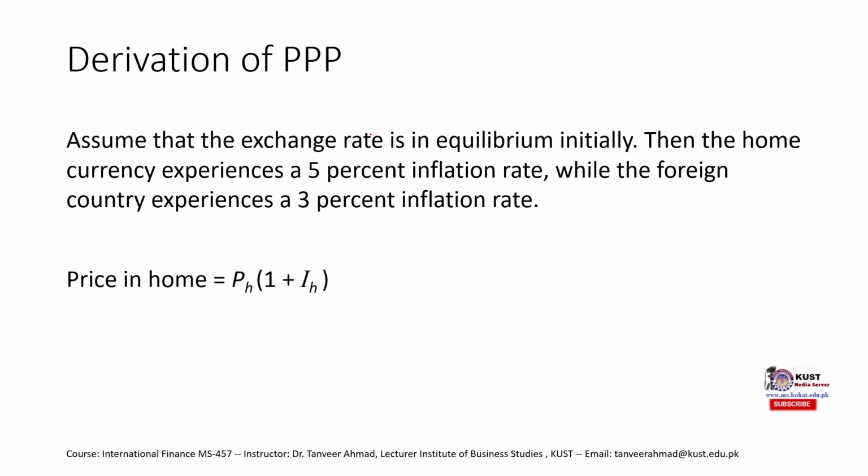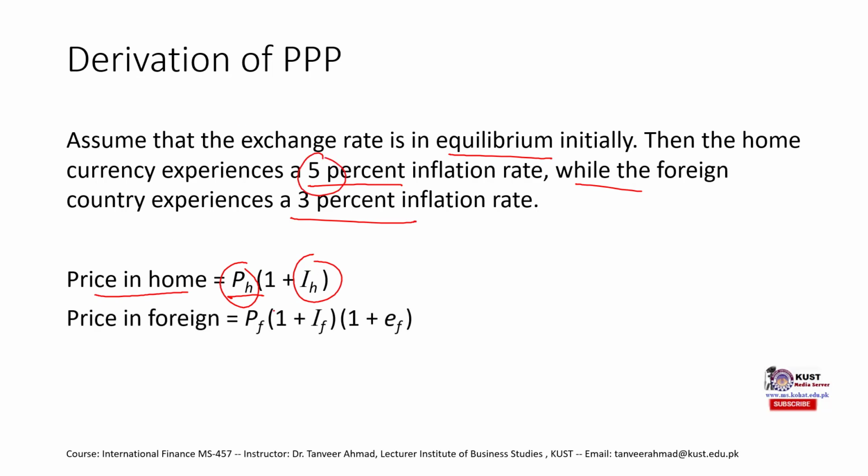So if we derive a formula using purchasing power parity, assume the exchange rates are initially in equilibrium, then the home country experiences 5% inflation, while the foreign country experiences 3% inflation. The price of products in the home country would be the previous price times 1 plus the inflation of the home country, right?